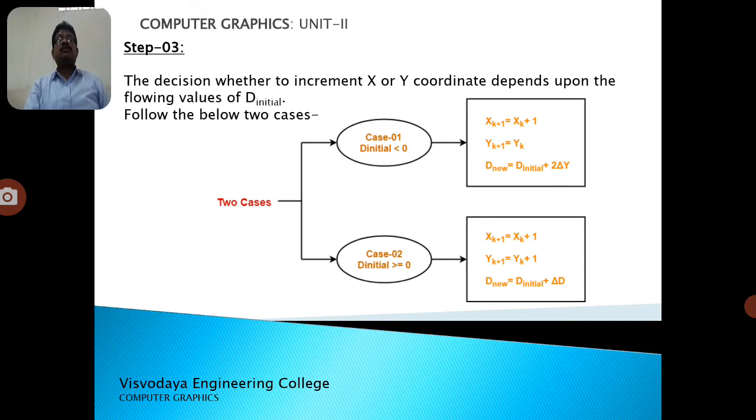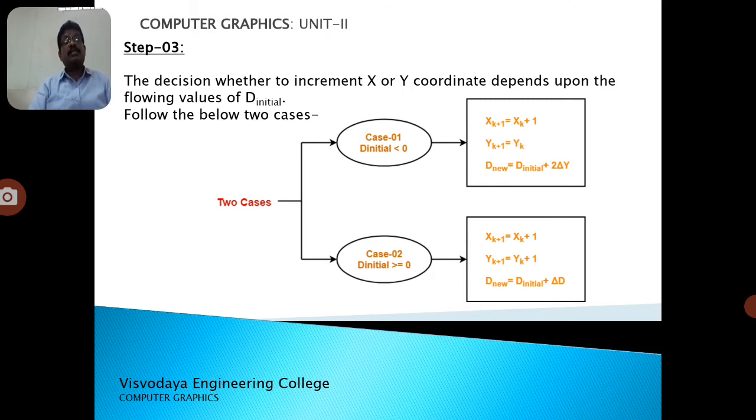Similarly, the next coordinates are found depending on the d initial value, which is the initial decision parameter. It also defines two more conditions: the midpoint algorithm derives two cases, case 1 and case 2, depending on the value of the initial decision parameter d initial. Coming to case 1, d initial is less than 0.